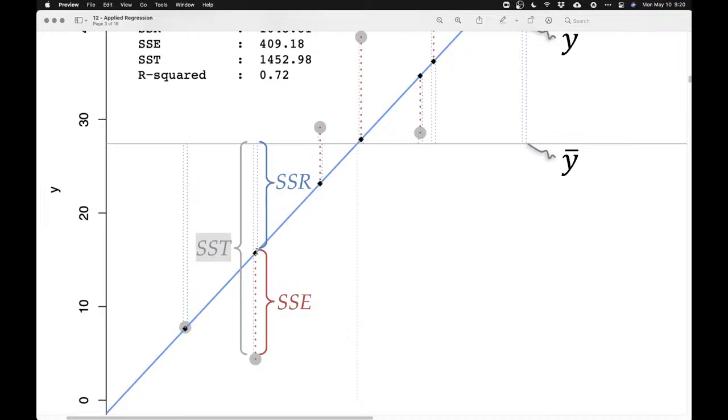If you took the distance from the regression line to the mean for each x value, that distance squared and summed would be the regression variability. That's how different the regression line is from the mean. And if you took the original points and the distance all the way to the mean, that's the total variability, if you squared and summed those distances.